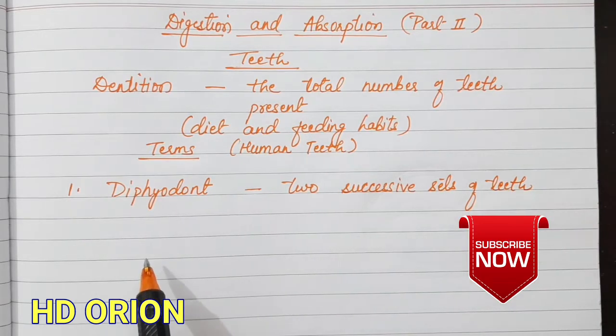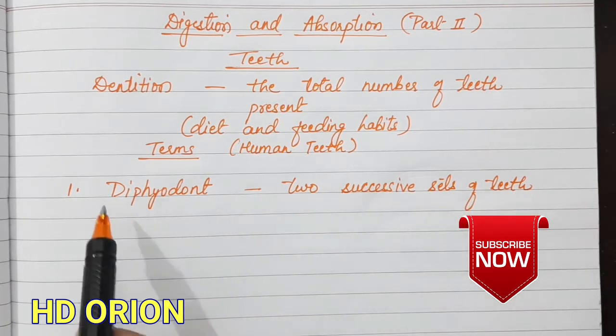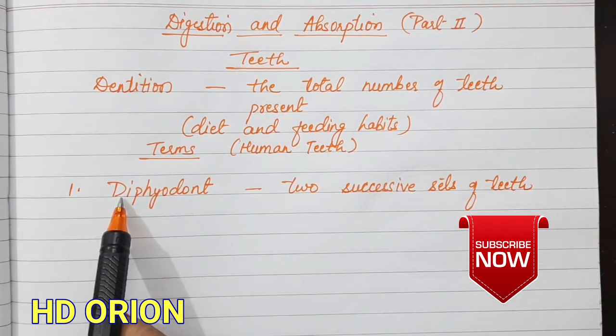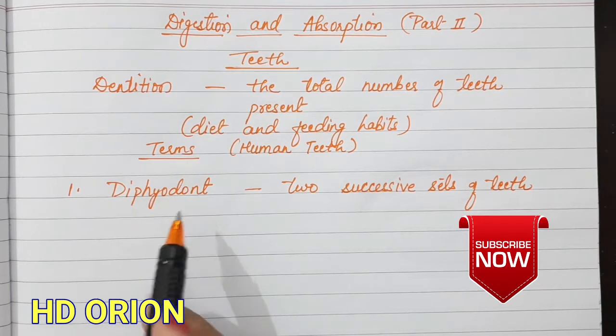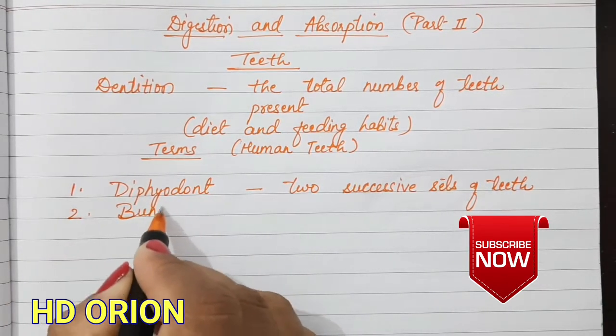It appears when the child is around 6 months, that is the milk teeth, and then later comes the permanent teeth. So in our entire lifetime, there are two successive sets of teeth, and therefore the human teeth is known as Diphyodont. The second term is Bunodont.